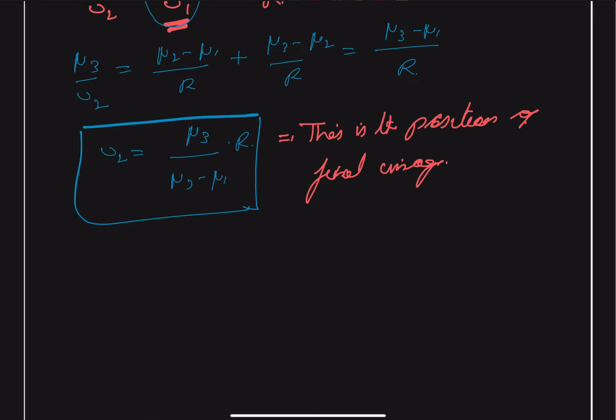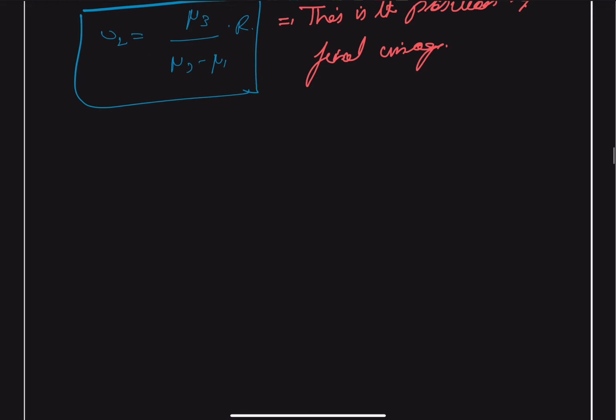In the question it is given that the light comes from infinity. Therefore the final image will be formed at the focal length of the lens.